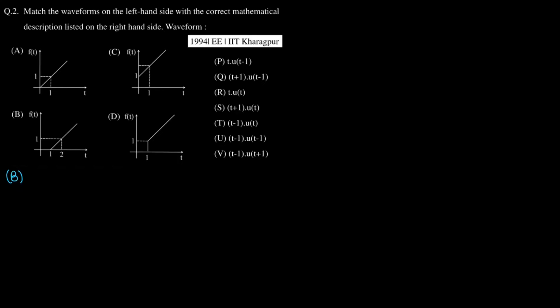Now on solving further, we will take our waveform B, and this waveform is similar to our waveform A, which is t into u of t, but the only difference is it is right shifted by one unit. That means A here was t into u of t. Now shift this expression to the right side. That means we have to replace t by t minus 1.